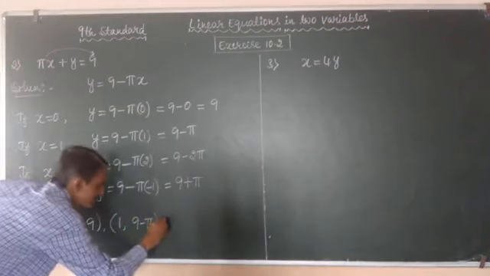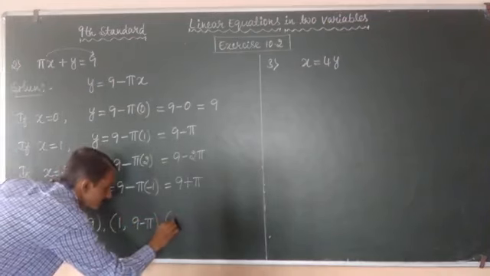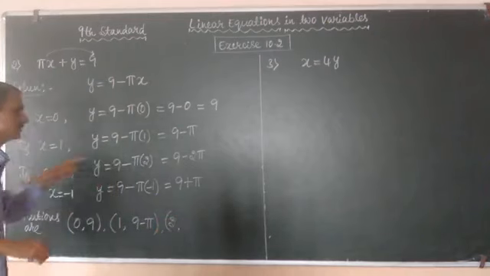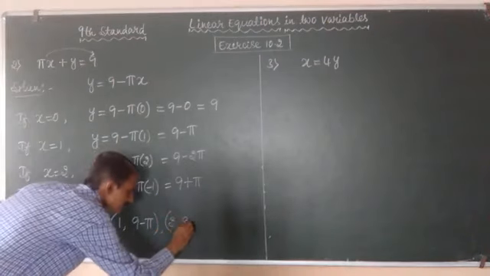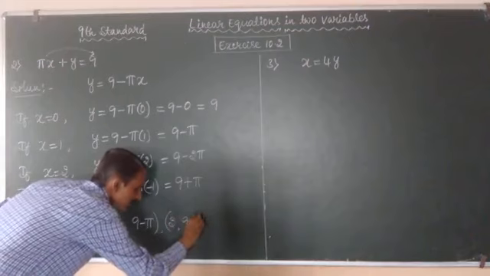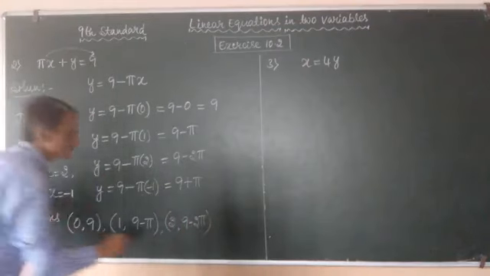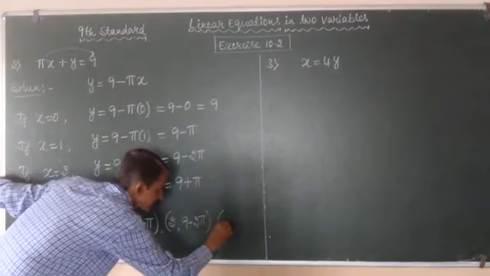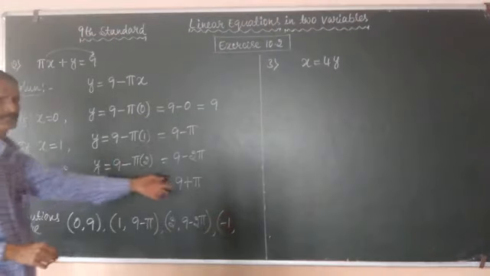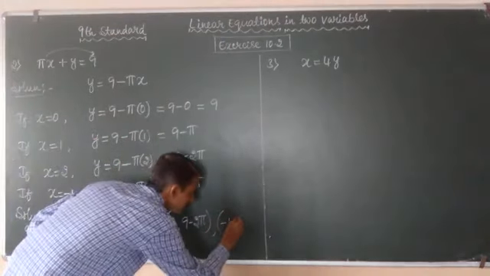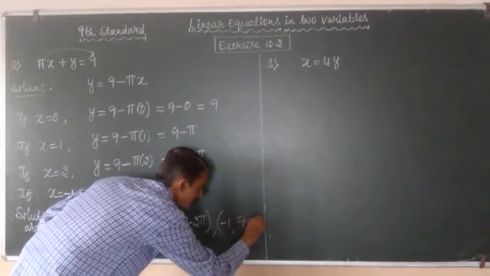If x equals 2, we have the y value 9 minus 2, 5. If x equals minus 1, we have 9 plus 5.